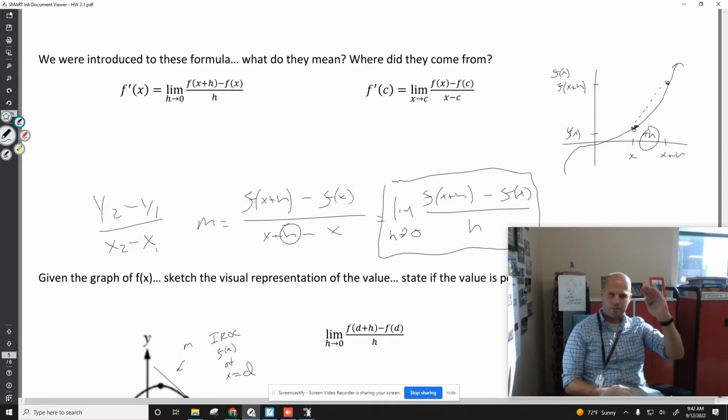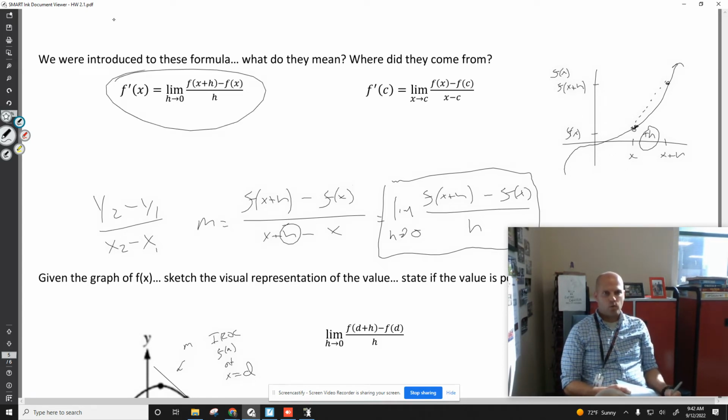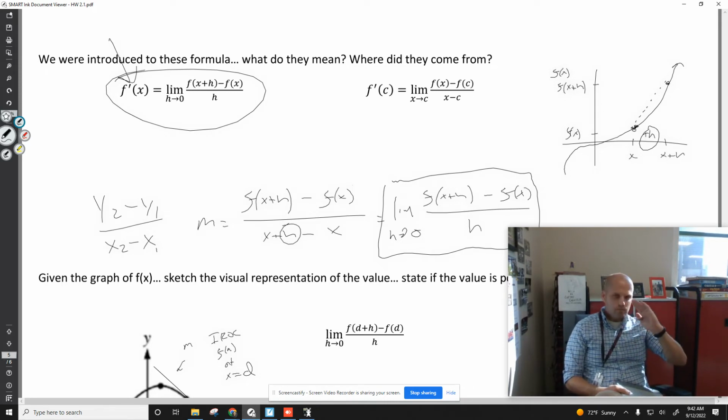If you keep getting better and better approximations, you're going to approach the actual. This, my friends, is how we're going to find the equation of f prime that we just graphed. We're going to use this formula. You just need to know where the formula comes from. This formula will generate rules so that we don't have to use it. We can just say, oh, if our function looks like this, this is its derivative. The rules come from the formula.